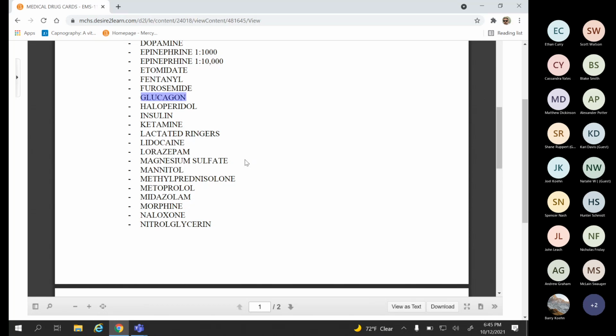All right, what about morphine? Pain management. Okay, what's the classification of it? Opiate. What would be our reversal agent for that then?